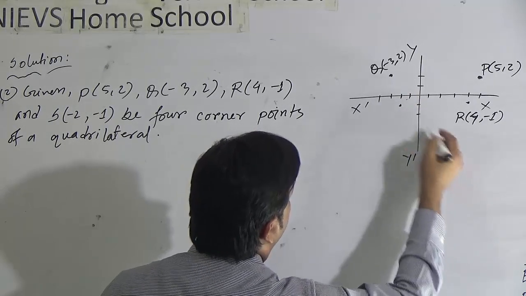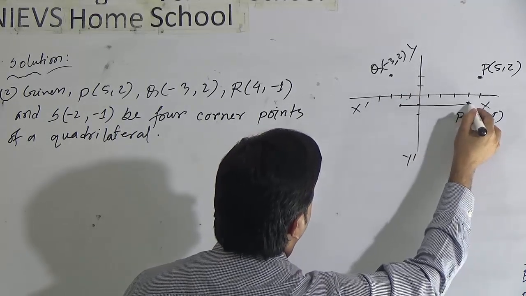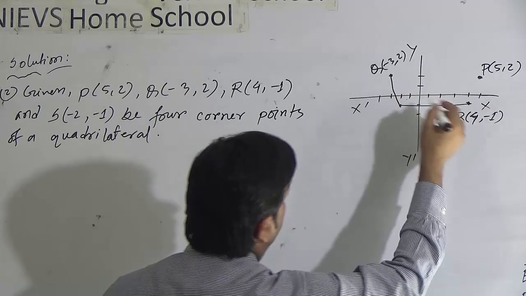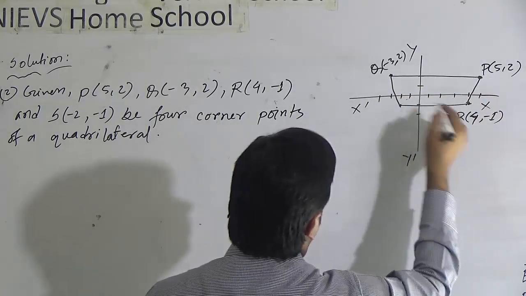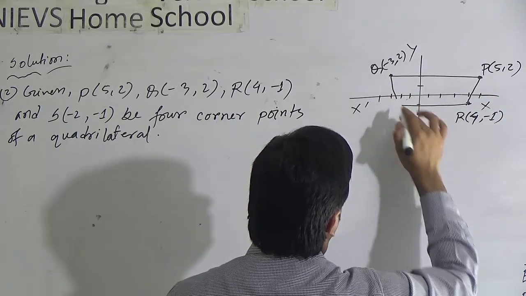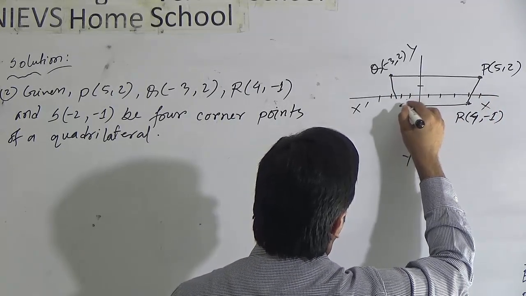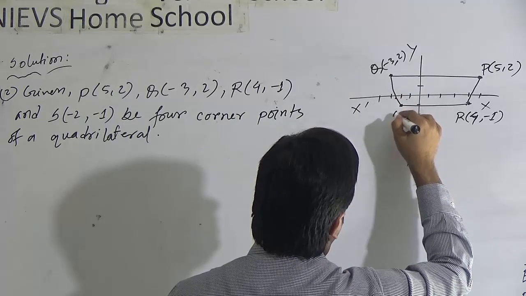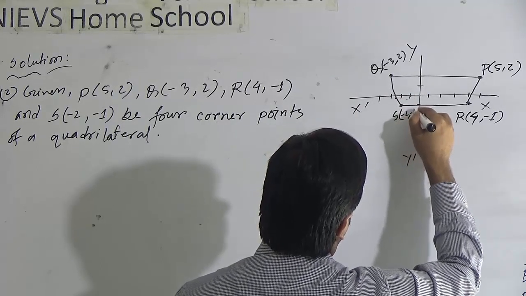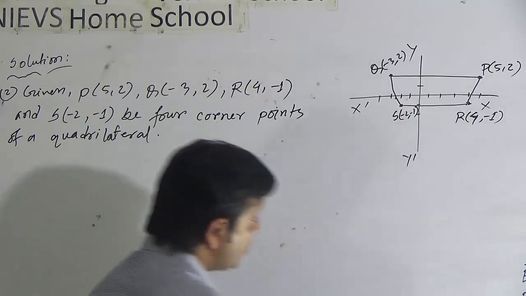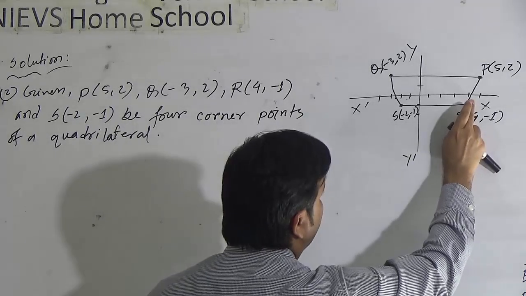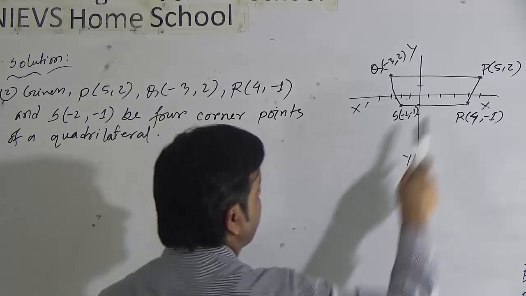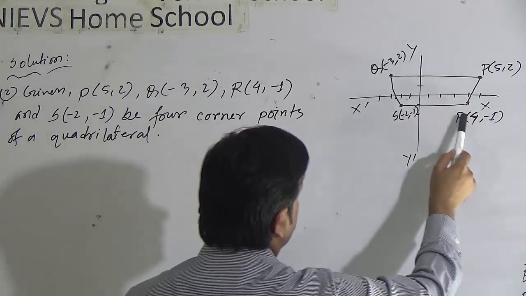Now if we join this, it will be a quadrilateral. This is S, -2, -1. Okay dear students, so I hope you have understood how to plot the points. If you plot the points, you will get the quadrilateral PQSR.